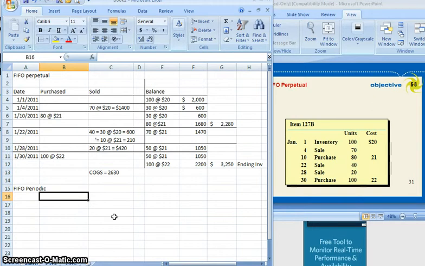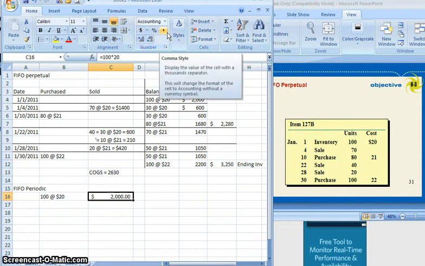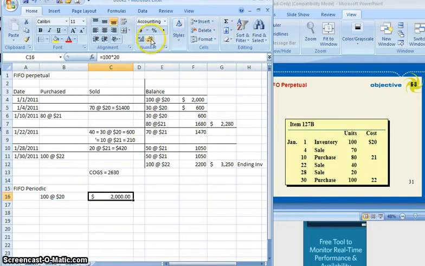So all of the ones we had: 100 units at $20. That was our beginning inventory here, this $120, and I'm just going to keep a running total down the side here. Get rid of those decimal places, pesky decimal places.